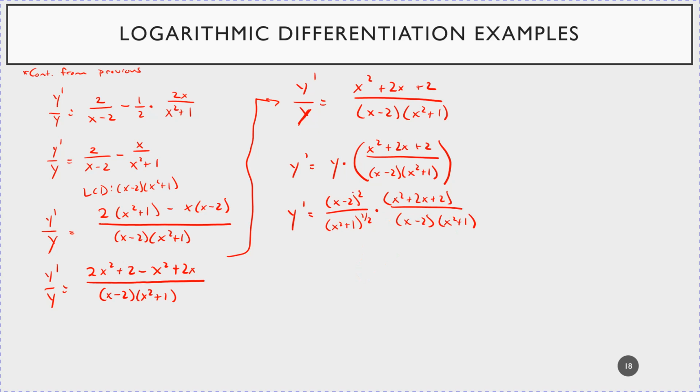Look what happens: one of these (x minus 2) factors cancels. So the numerator is just (x minus 2) times (x squared plus 2x plus 2), divided by (x squared plus 1) to the 1/2 power times (x squared plus 1), which you can think of as to the 1 power. So this becomes (x squared plus 1) to the 3/2 power.